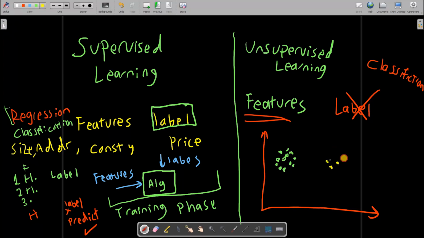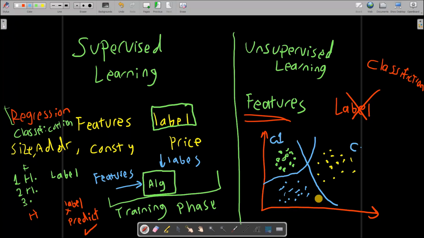So this is a bunch of data grouping on each other. This is a bunch of data that are grouping on each other. Unsupervised learning is going to find a way to order these features just the way I drew them. And then it is going to draw boundaries between them like this maybe, and like this, so that it is going to tell you this is category 1, this is category 2, and this is category 3. You did not provide any label to it.